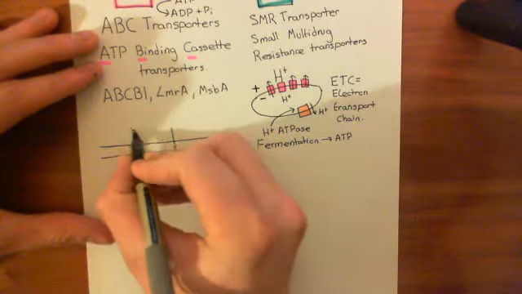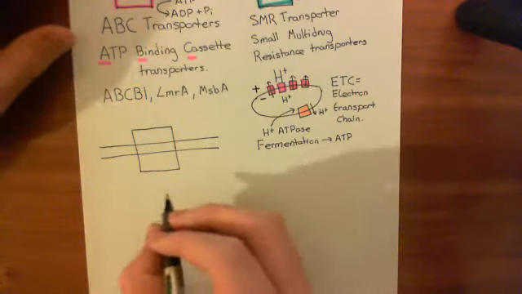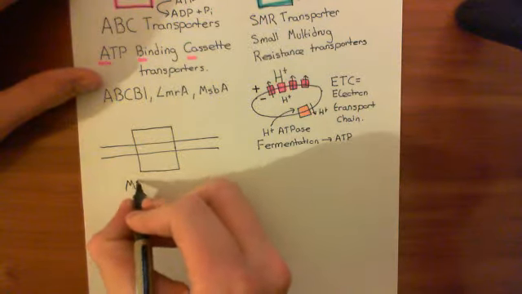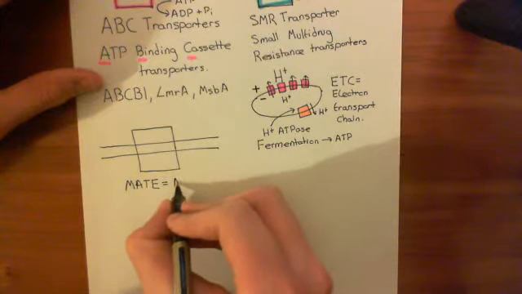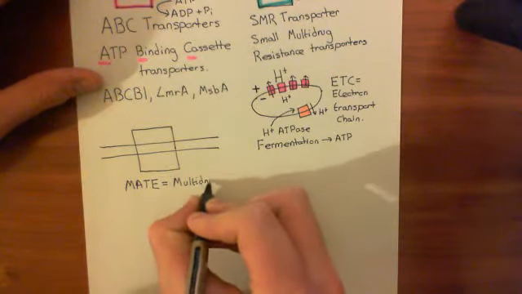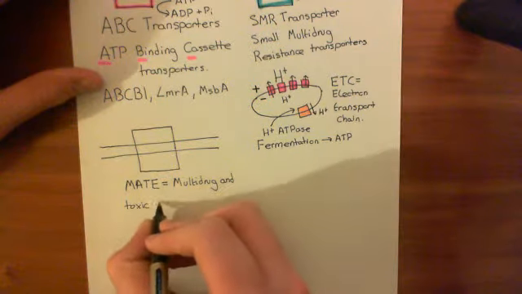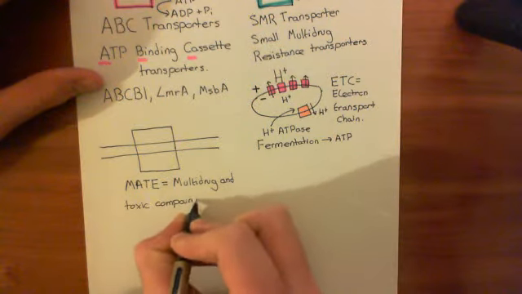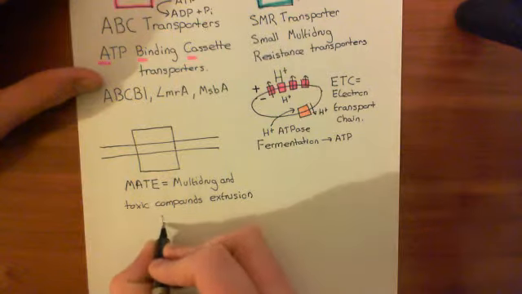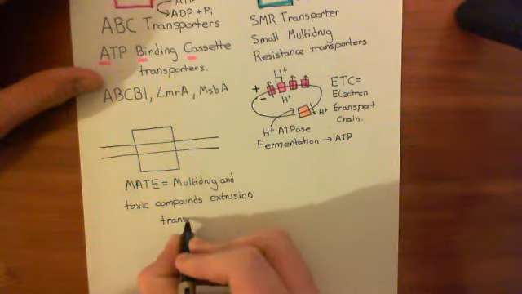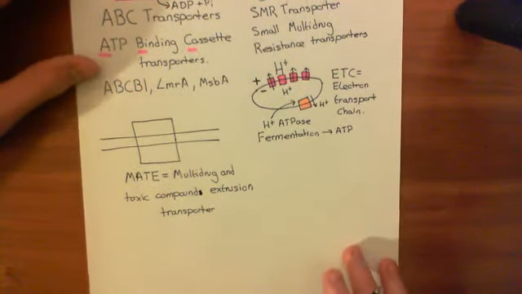MATE stands for multi-drug and toxic compound extrusion transporters. That's what a MATE transporter is. I'll get rid of that S there. Multi-drug and toxic compound extrusion transporter.